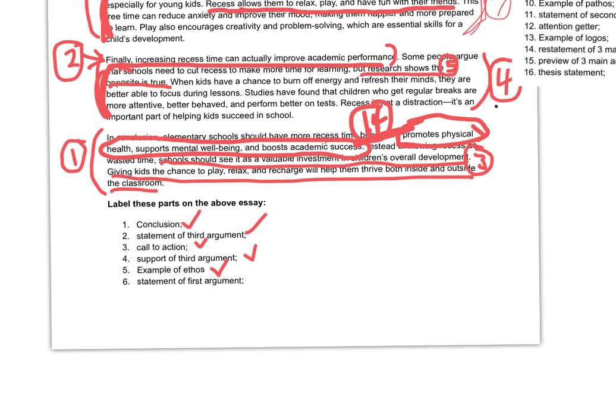And then down in my conclusion, or my fifth paragraph, I'm going to restate my thesis, tell my opinion again. I'm going to go back and restate the three arguments, and then I'm going to have some sort of a call to action to get people to really want to do something about it, now that they believe in this argument and agree with me. All right. If you got it, great.